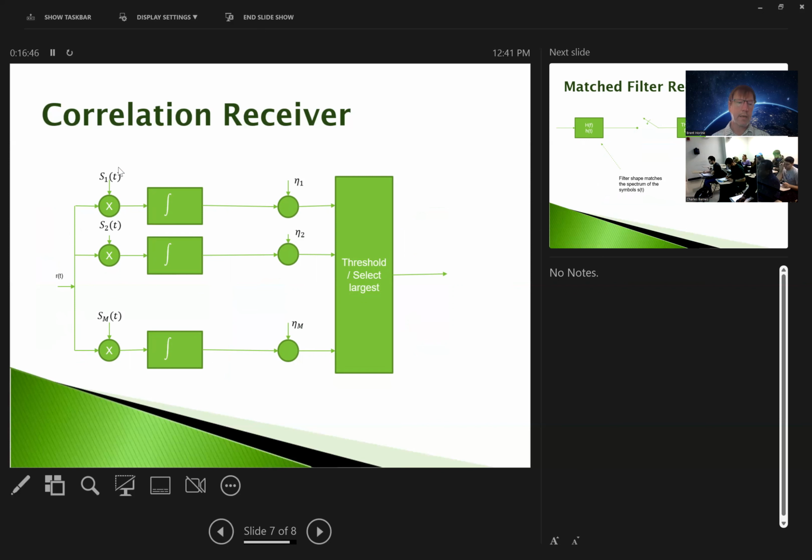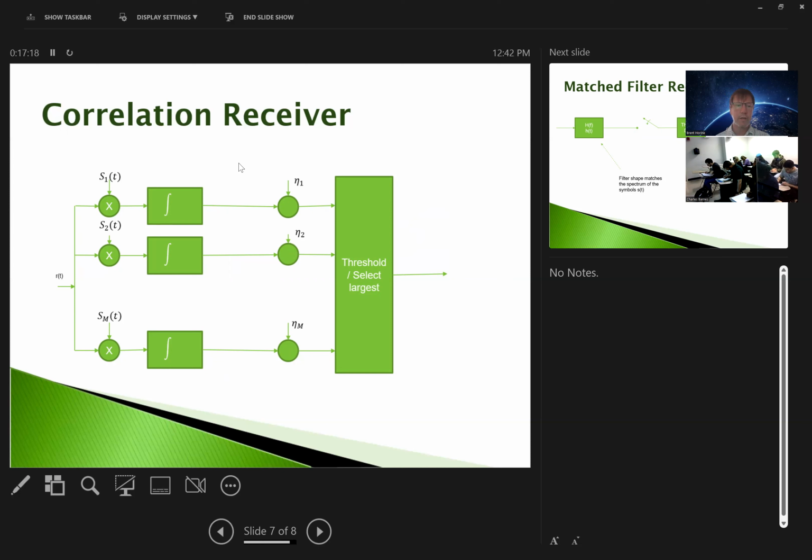But you can reorganize this stuff, taking advantage of some math and some optimization, and we can just directly multiply the incoming time signal with the symbols in the time domain, integrate them, go through the bias process, and then do the thresholding.